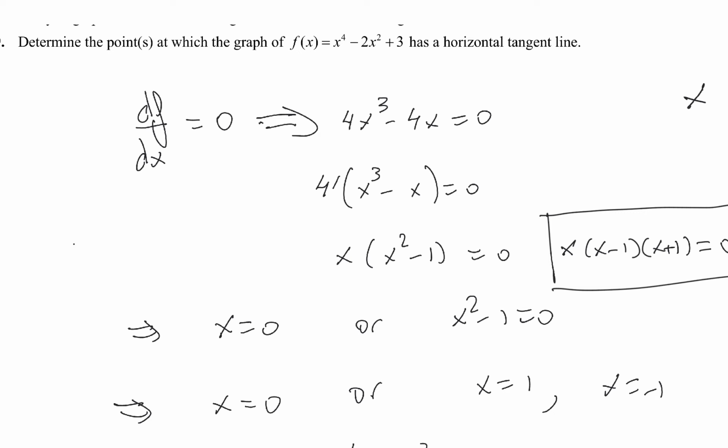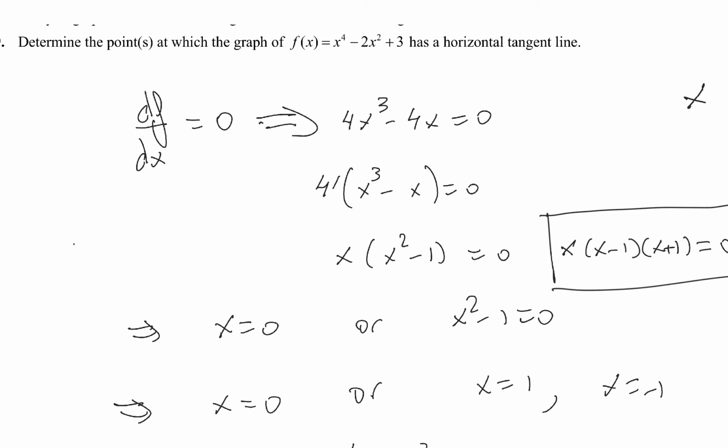So at x equals 0, the slope is 0. What other points have slope 0? At x equals 1, 1 minus 1 is 0, and 0 by something is 0. And x equals minus 1 is another point where the slope is 0. So as a result, this function has 3 points where the slope is 0.